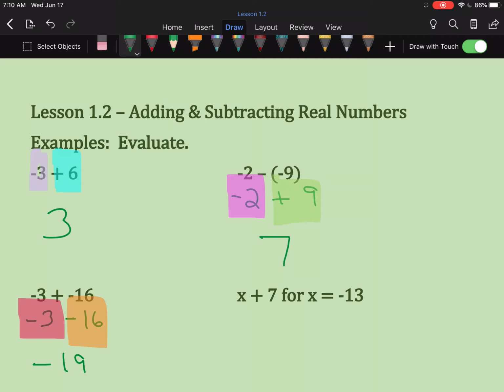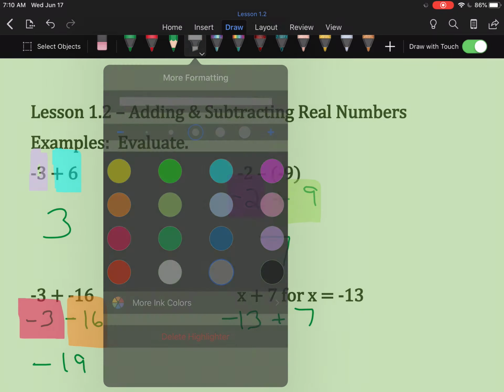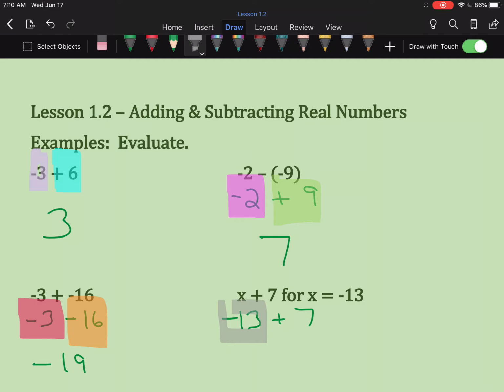Here we have a substitution problem. X plus 7, but we're being told x is -13. So I will substitute in the -13. And then once again, as we look at this, we have two numbers. We have a -13.